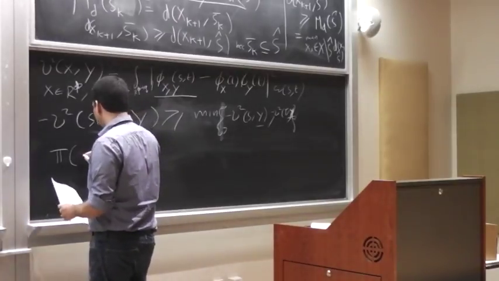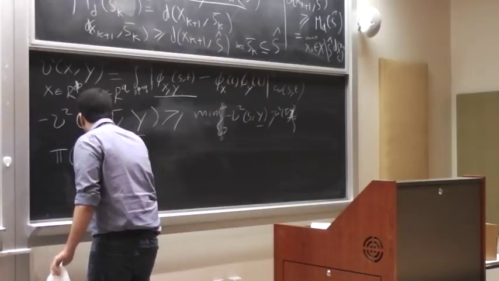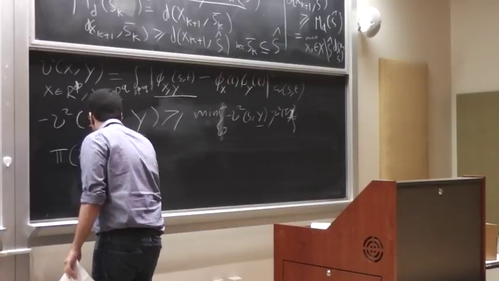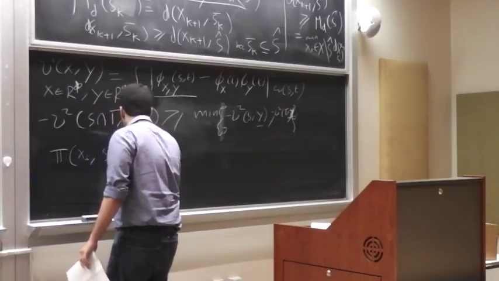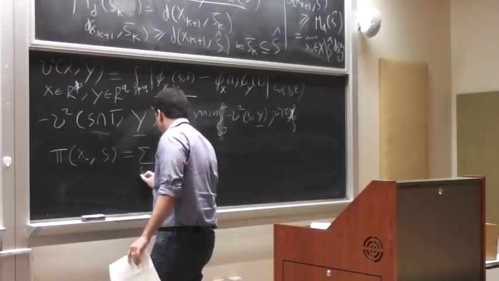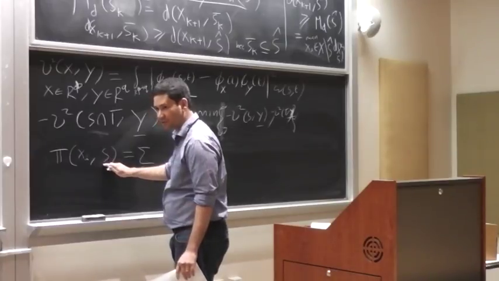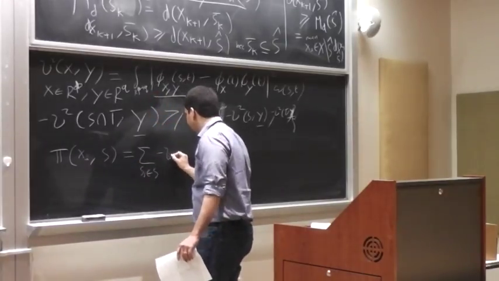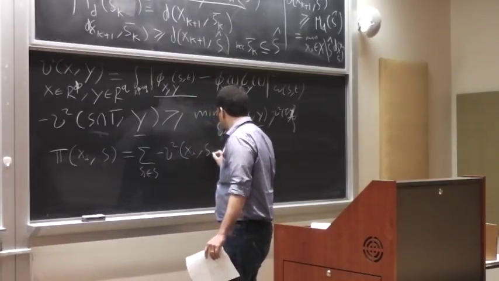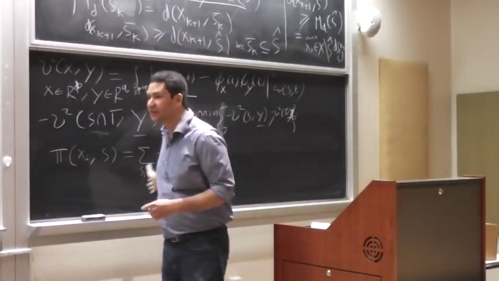Pi of x_i, S is equal to the sum over all s_j belonging to S. So S is a set of random variables here. We take the sum of negative distance covariance of x_i comma s_j. Okay. We do that, and we show that this is a monotone linkage function.